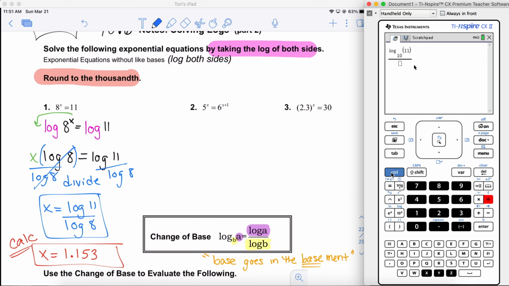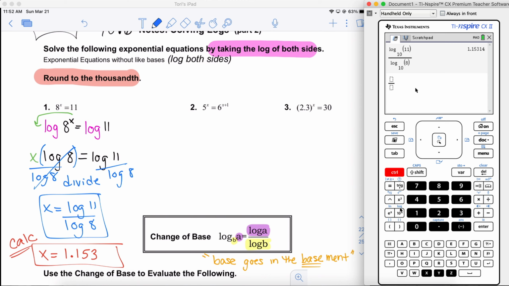We're going to do the same thing for the bottom. Control log, make sure it's base 10 and then 8. When you press enter, that is where we're going to get our answer. You're rounding to the thousandth. That's 3 decimal places. So 1.153.